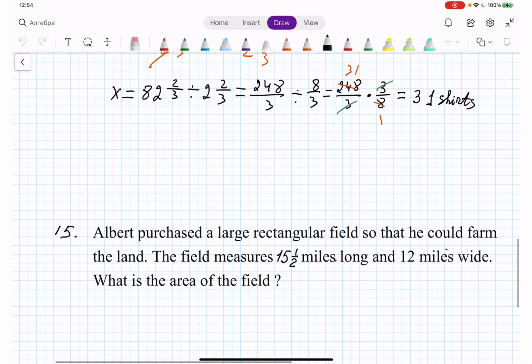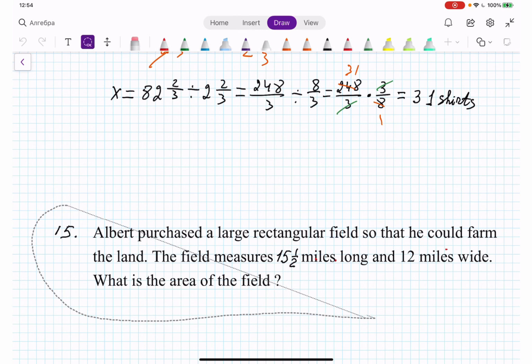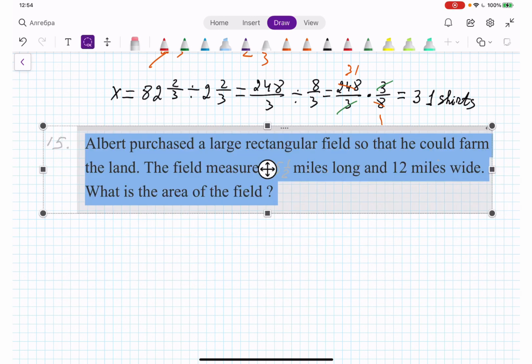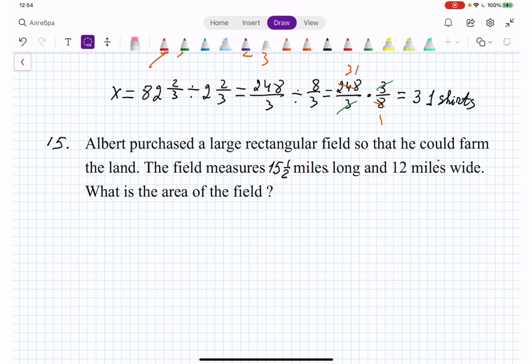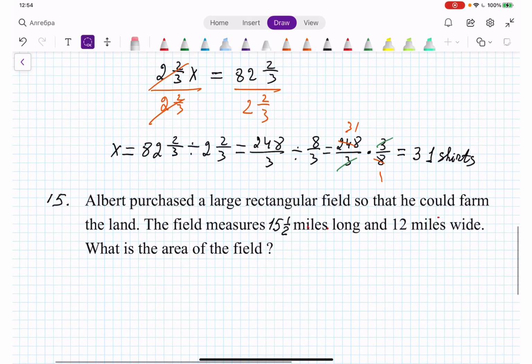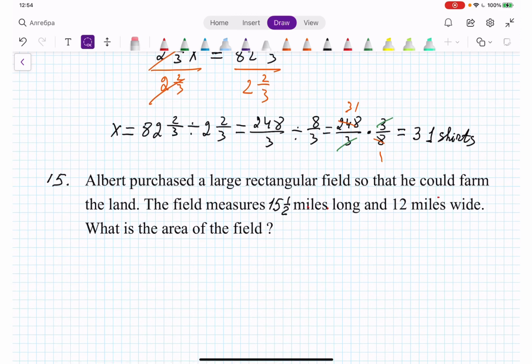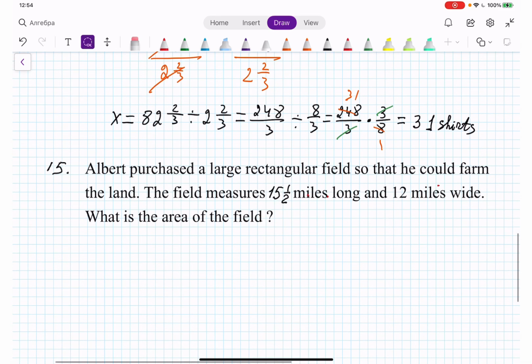number 15. Let me move this up. Okay. So Albert purchased a large rectangular field so that he could farm the land. The field measures 15 1/2 miles long. Let me draw it.